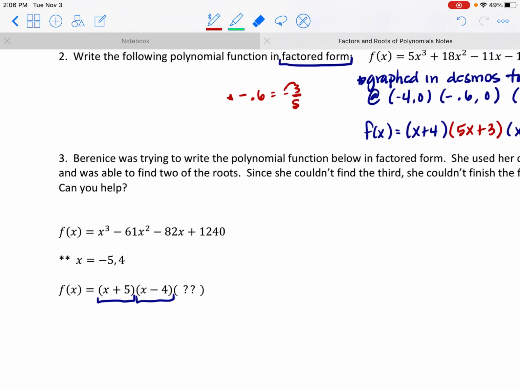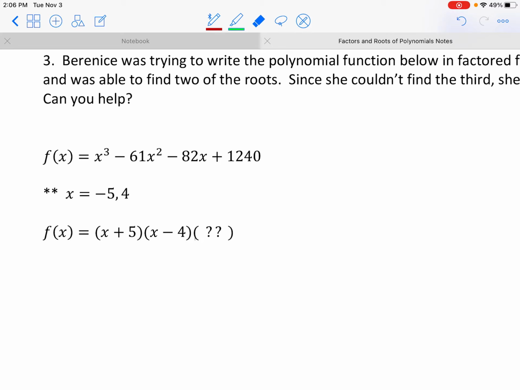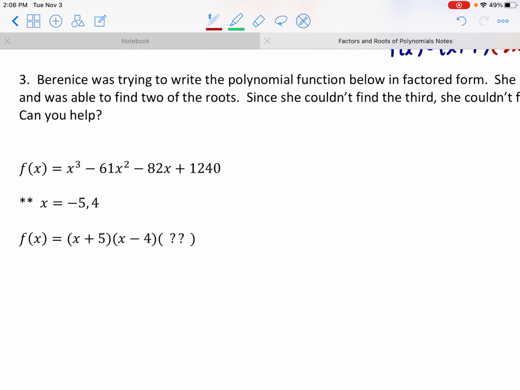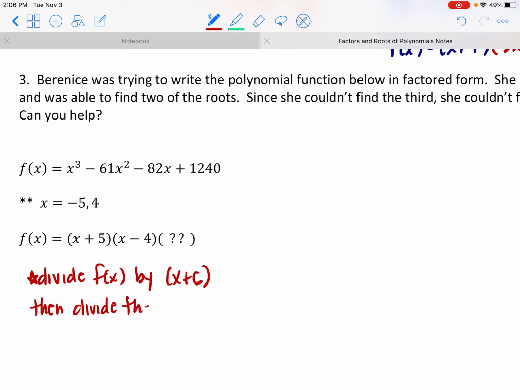And because what we're going to divide by are of the form 1x to the first plus some number, we can use synthetic division. So we're going to divide f of x by x plus 5, then divide the result by x minus 4, and that should give us our remaining factor.